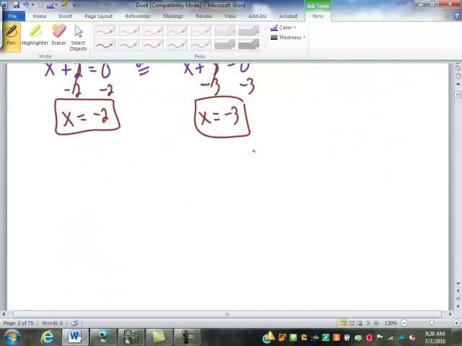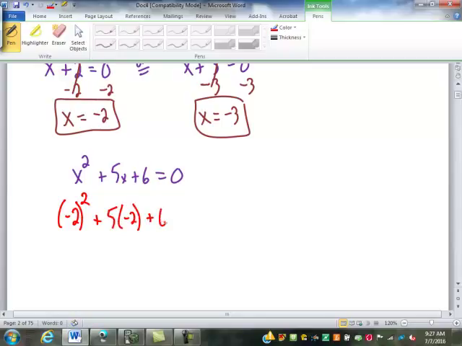Let's double check that. So x squared plus 5x plus 6 equals 0. Now remember, when we square a number, the result will always be positive. So when you put the negative number in your calculator to square it, you have to put parentheses around it. So negative 2 squared plus 5 times negative 2 plus 6.